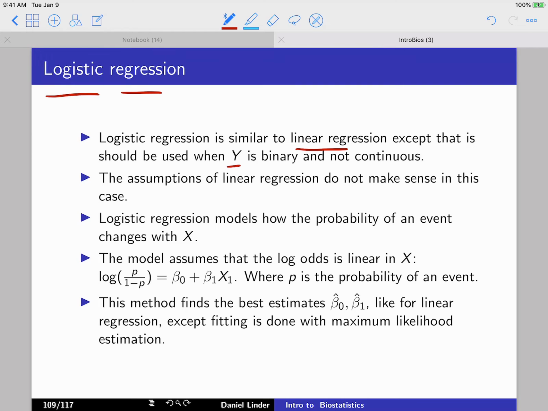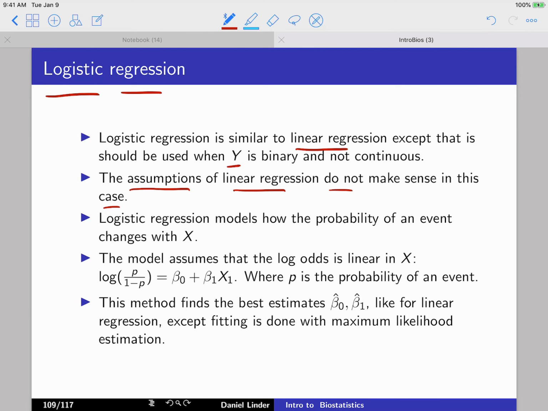A linear equation can give you any number between negative infinity and infinity, but y can only take values 0 and 1. So it's not appropriate to use linear regression when your response variable y is a 0 or a 1. The assumptions of linear regression don't make sense here.